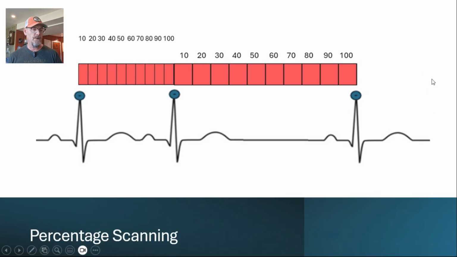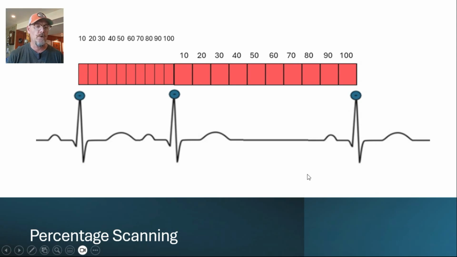Now here we have 2 beats, and I'm showing a very quick beat here, and then a longer beat. It doesn't really matter what the timings of these beats are, but the demonstration here is for you to visually see that if you're scanning in percentage scanning, the percentage is always 0 to 100, and again 0 to 100%.